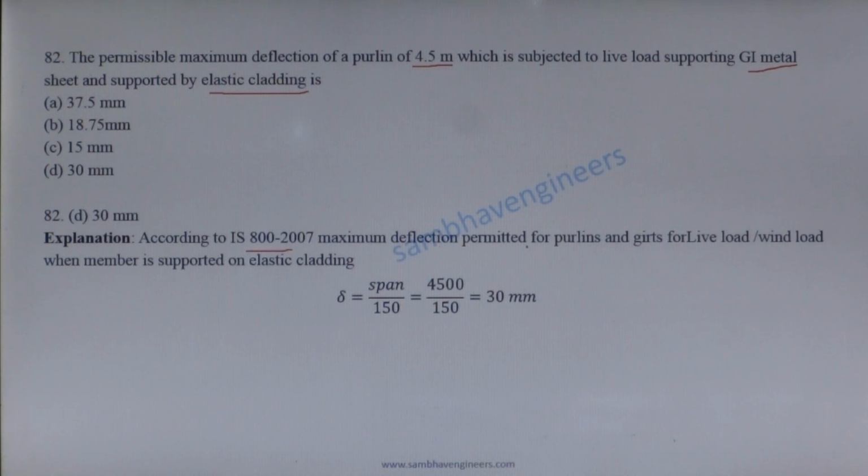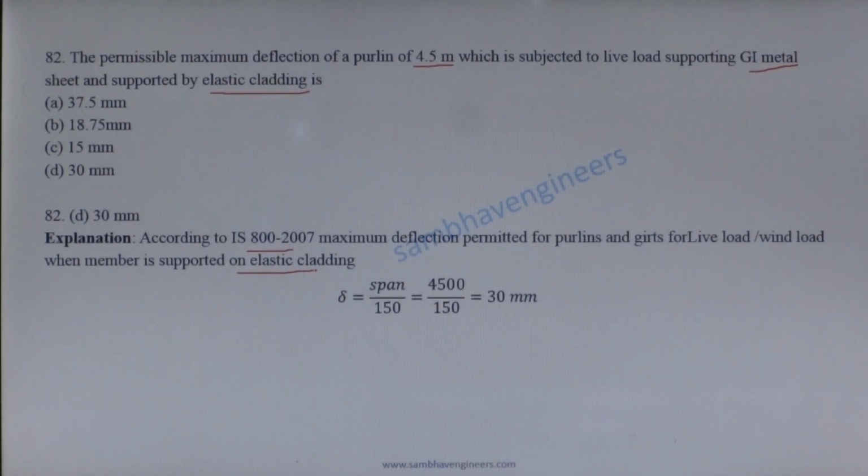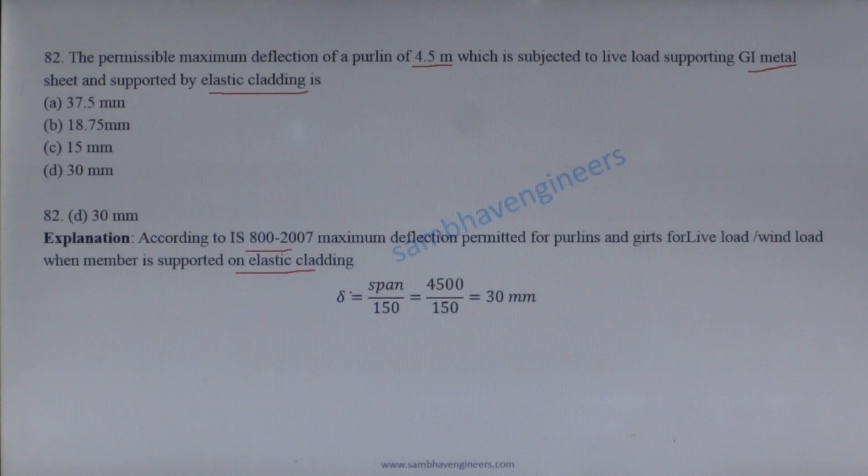Maximum deflection permitted for purlins and girts for live load and wind load when member is supported on elastic cladding is given by span divided by 150. Here span is 4.5 meter, equal to 4500 mm, divided by 150. So maximum permissible deflection is 30 mm. Option D is the correct answer.